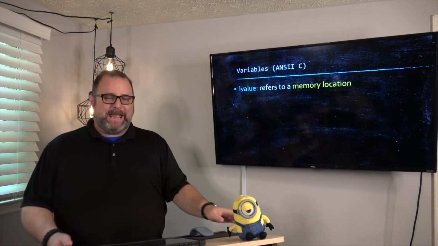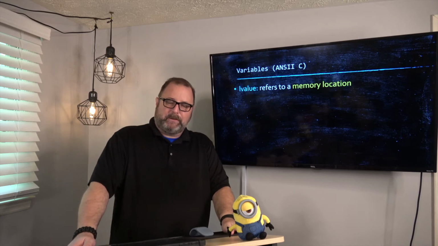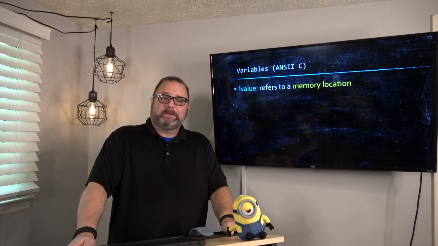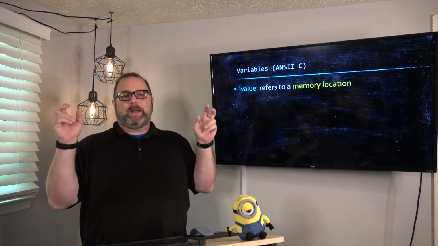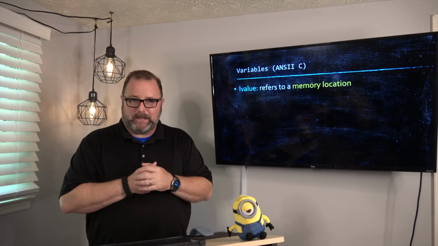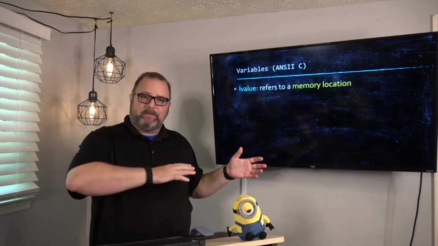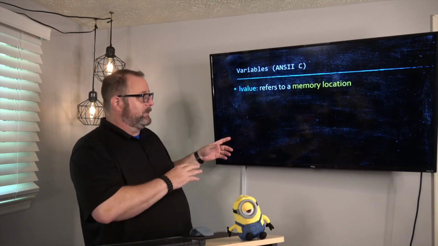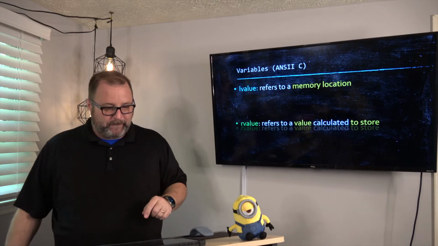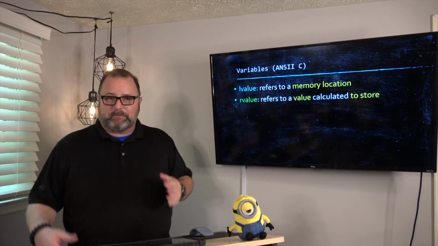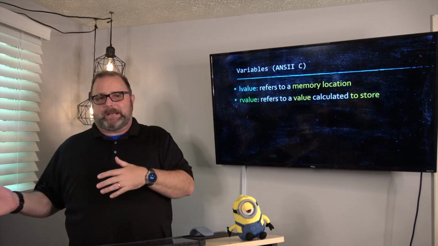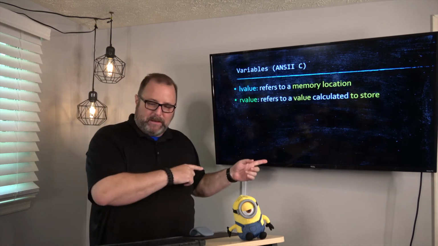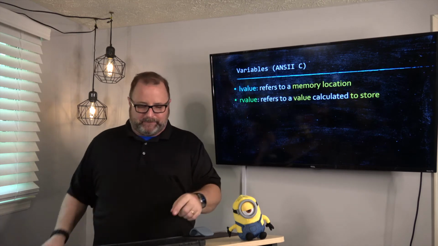So, the L value in computer science means the left-hand value of what casual observers call the equation, but it's really not. It's the left-hand side of the assignment operator, which refers to a memory location. And the R value, or the right-hand side, refers to a value that is calculated to then be stored in the memory location on the left.